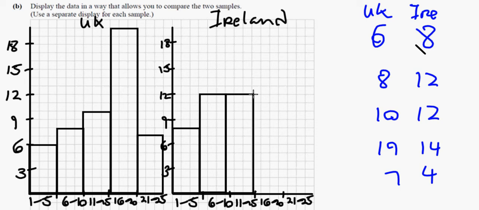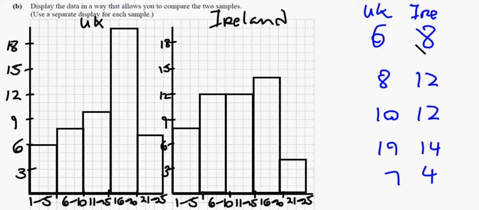And then we're going 14 for the next one, which is 16 to 20. And then 4 for the last one, which is 21 to 25. So that'll give us the 4, which should be here. So you can see that these are two histograms of the data.